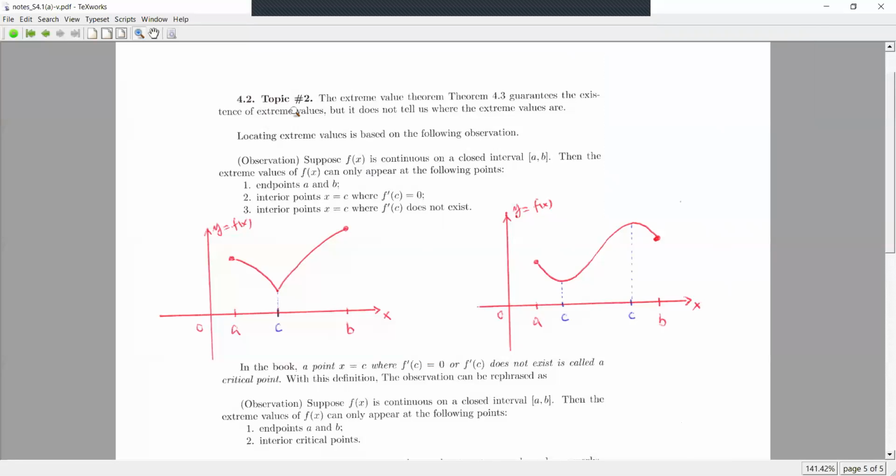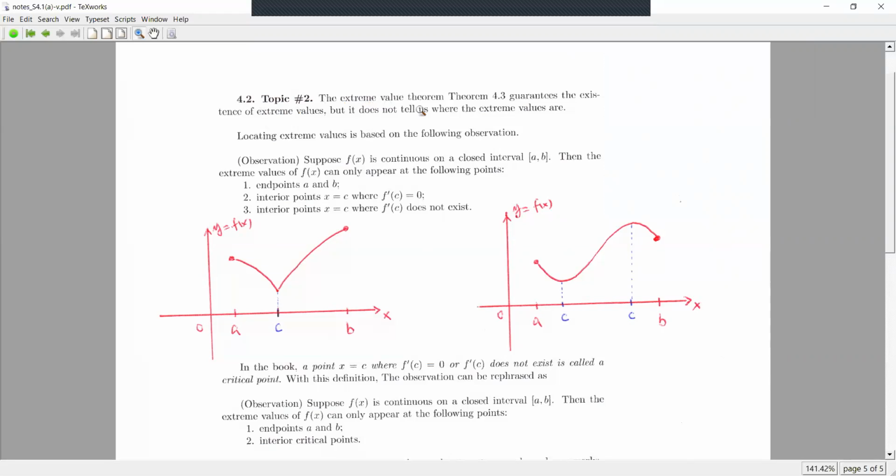Second topic, locate the extreme function values. Again, an extreme function value means a global maximum function value or a global minimum function value.